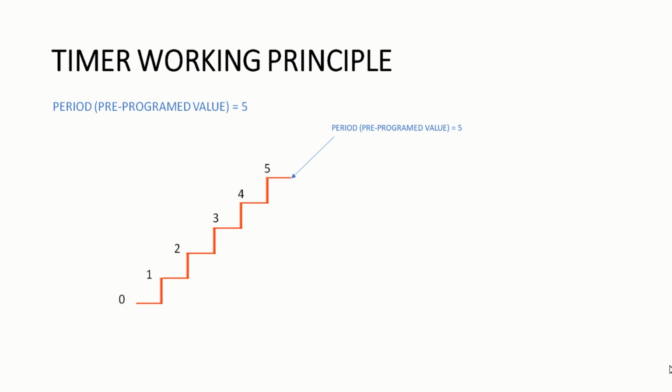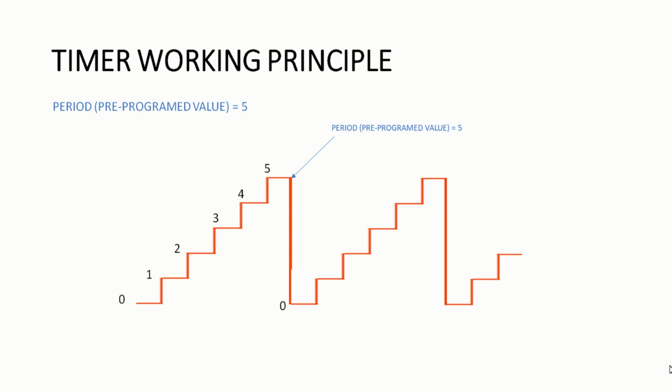After counting this fifth count, it rolls over from the maximum pre-programmed value to the initial value, that is 0. After the rollover, the timer again starts counting up and reaches the pre-programmed value 5, and again the rollover happens, and this process continues in the timer.